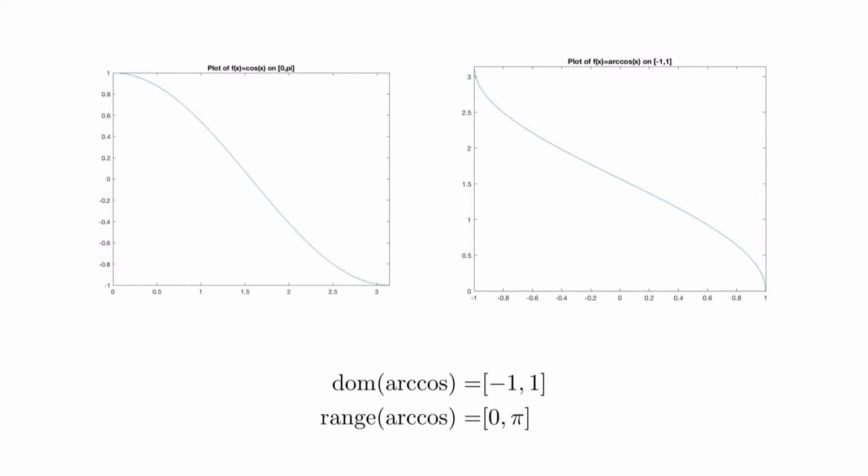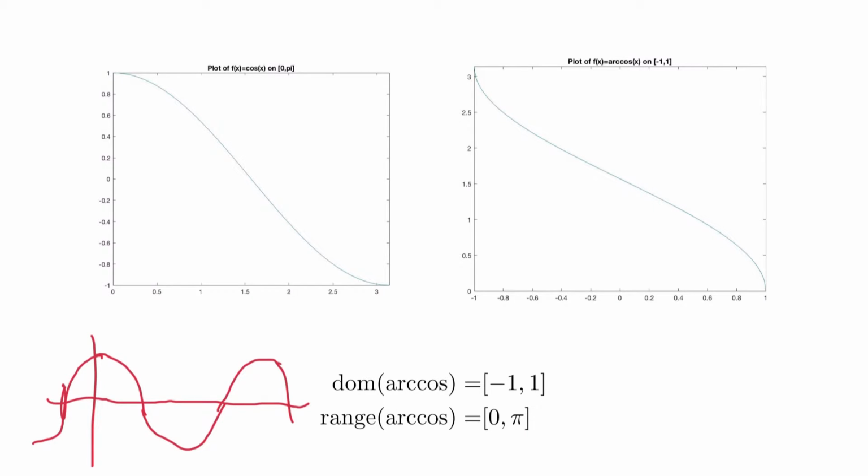So let's do the same type of argument for cosine. Again, in general, cosine is not going to have an inverse function because it will fail to pass the horizontal line test. So as in the case with sine, I want to restrict its domain. I want to only look at it for certain input values, and I want to restrict it so that it passes the horizontal line test on that domain.